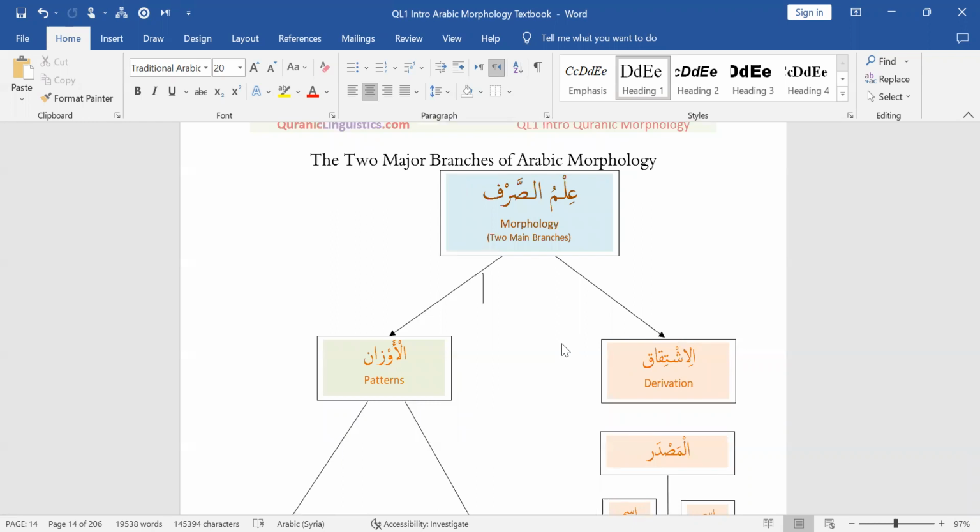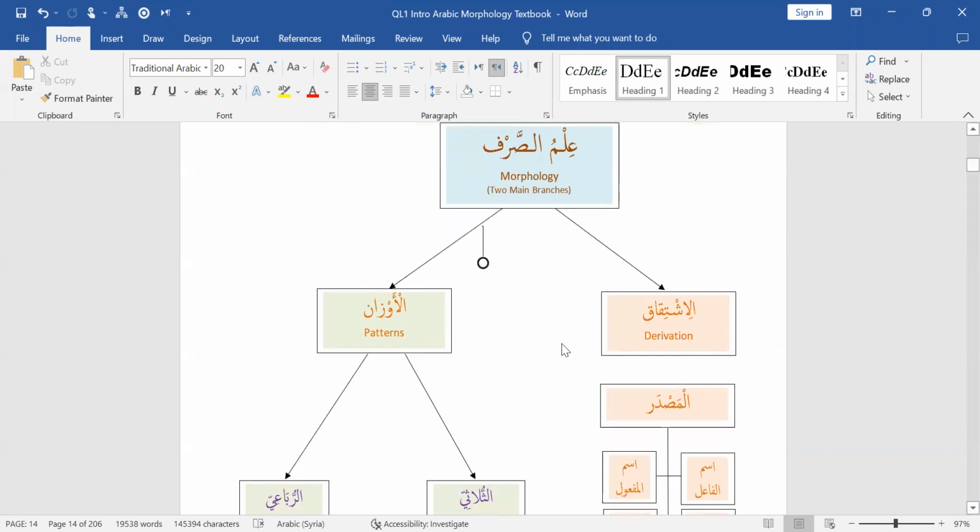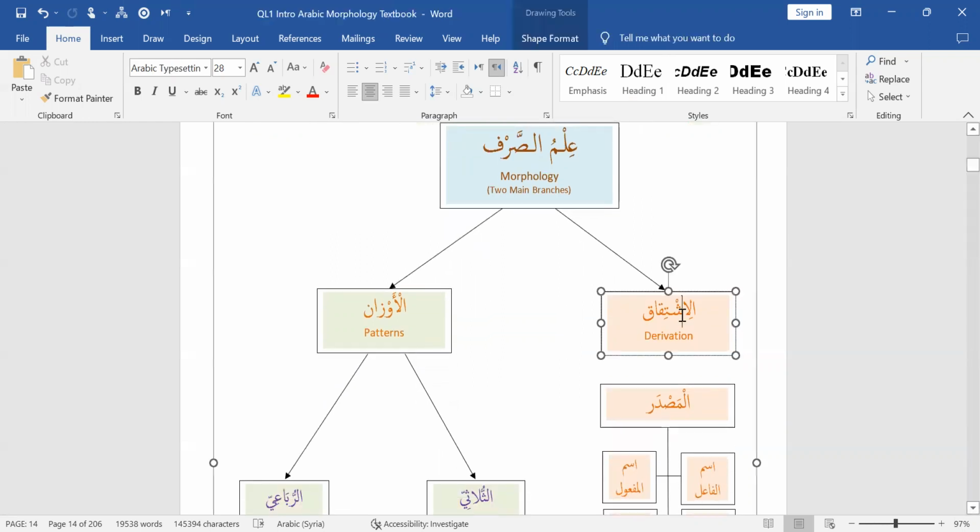All those particles we studied in Easy Intro to Arabic book 2, so that we know what they are, what their meanings are. But morphology has nothing to do with particles or huruf. Morphology only deals with asma wal-af'al, specifically awzan of asma and af'al and ishtiqaq.